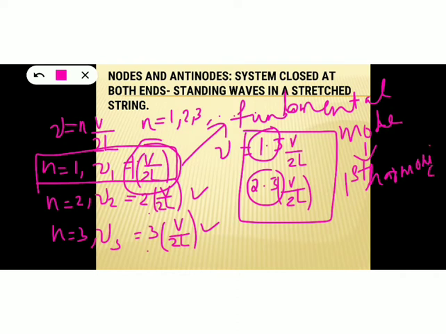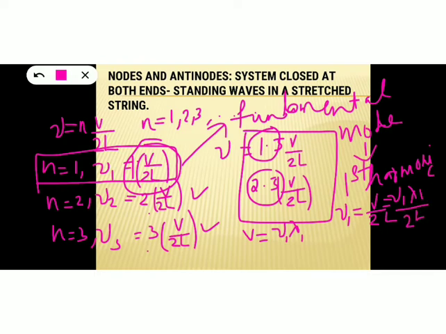So what is the relationship between lambda and L for the first harmonic? We know that the first harmonic nu 1 is equal to V by 2L, and also we know V is equal to nu lambda. So for the first mode, V will be equal to nu 1 lambda 1. Instead of V we can substitute nu 1 lambda 1, divided by 2L.